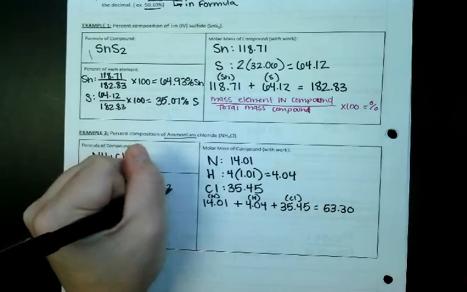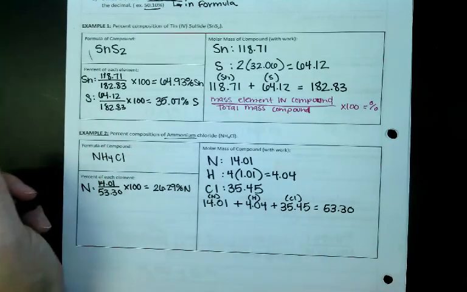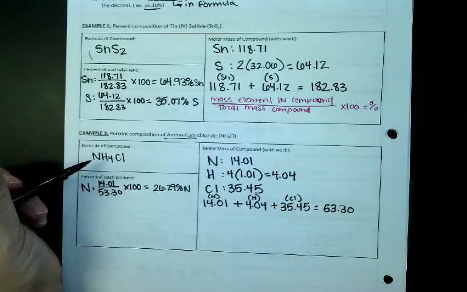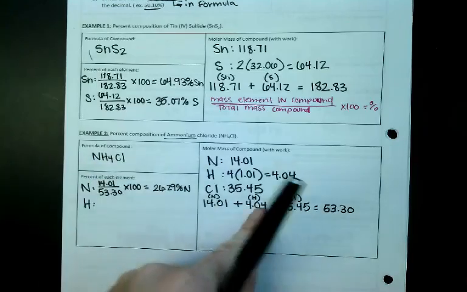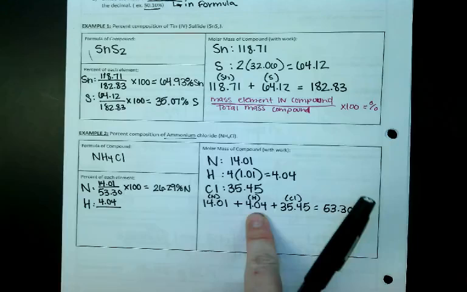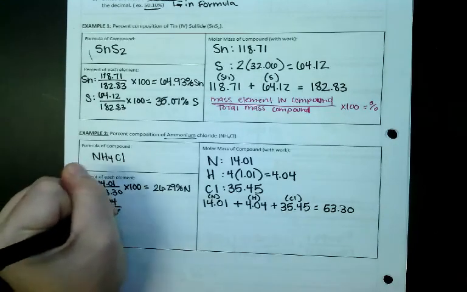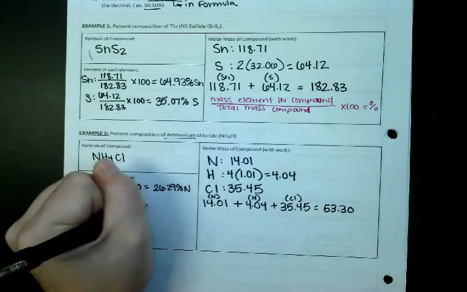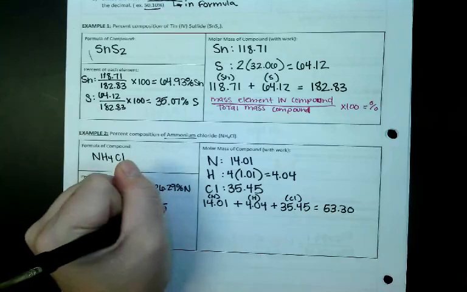So that means 26% of my mass in ammonium chloride is nitrogen. Then for hydrogen, the mass of hydrogen in ammonium chloride, 4.04, divided by the total mass, 53.30, times 100, and that's going to give me 7.58% hydrogen.